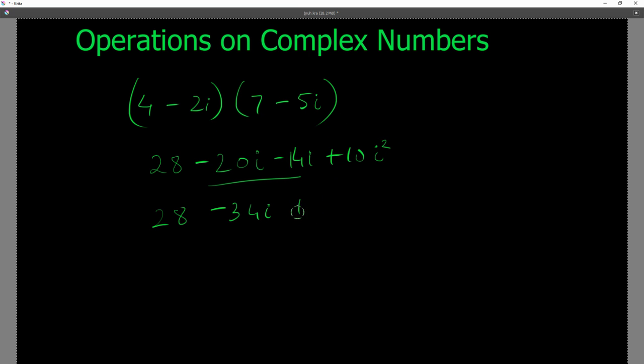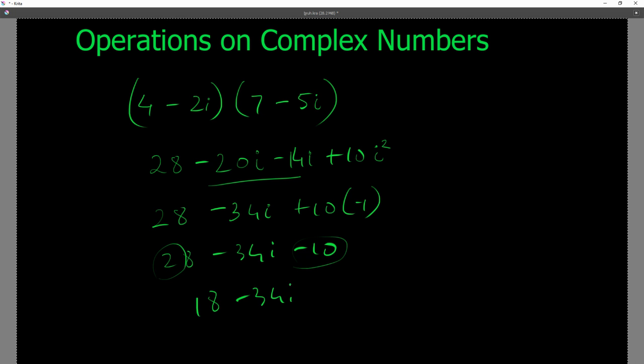So that becomes 10 times negative 1 because i squared is negative 1. So you have 28 minus 34i minus 10. And you combine that with that, that gives you 18 minus 34i. The next one we'll do division of complex numbers.